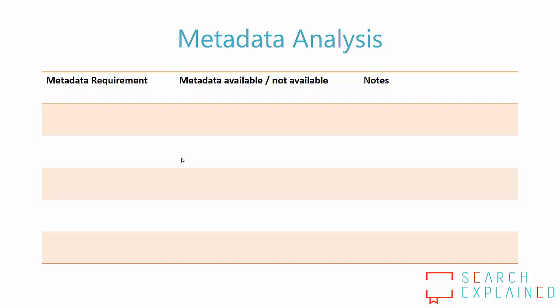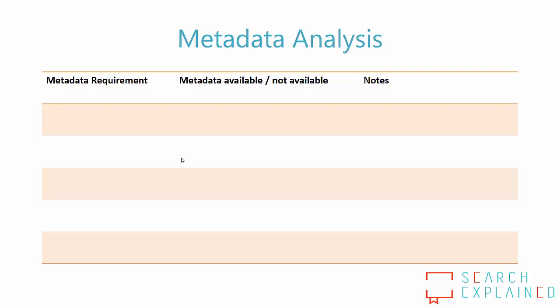When you start working with metadata, I usually recommend to start thinking about what you need, what your users need. And in this metadata analysis table, you can see that the first column is the metadata requirement. In that column, usually we identify those properties that we need for search.